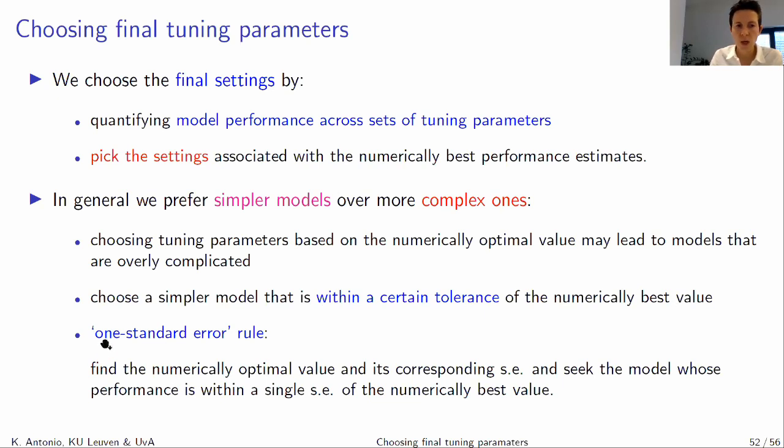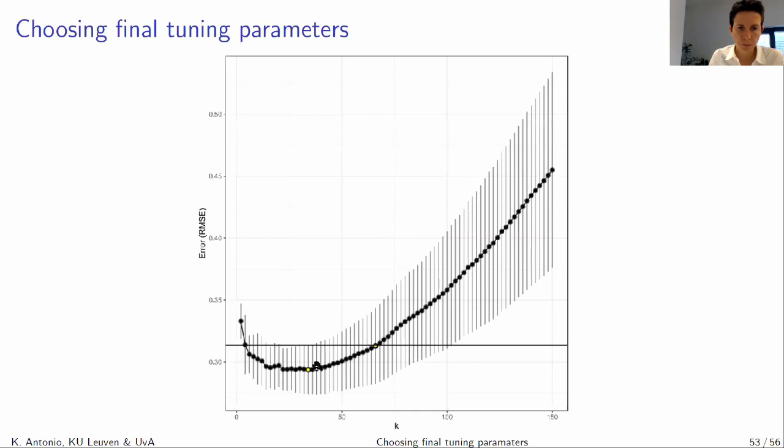That's what we call the one standard error rule. It's a bit difficult to describe in words, but I included a picture which I made myself, where I play with the parameter k in a k nearest neighbor regression, and evaluate the performance of my model with 5-fold cross-validation or something, I don't remember exactly.